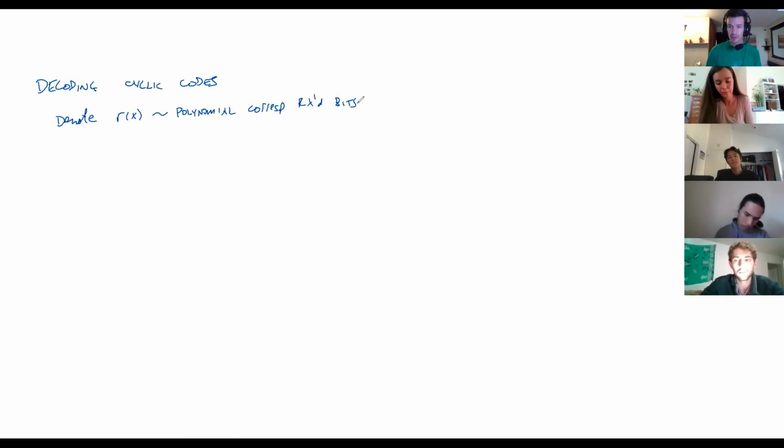The first thing that we want to do is take R of x and divide it by G of x. Right? If you have an encoding decoding scheme, it makes sense that both the encoder knows G and the decoder knows G. So the first thing you should do at the receive side is take your received bits and try and divide them by G of x.